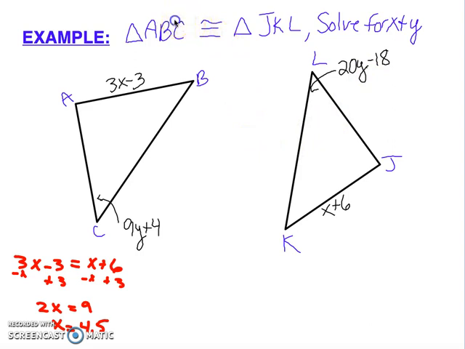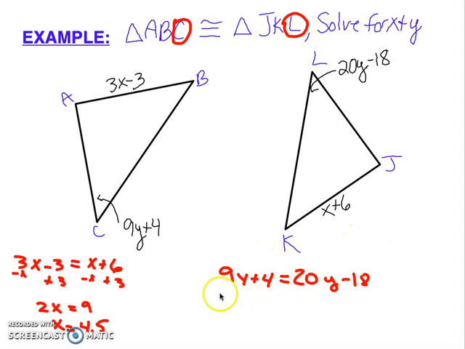C is the third letter in the congruency statement, and L is the third letter, which means those angles have to be congruent. So I can take 9y plus 4 and set that equal to 20y minus 18.